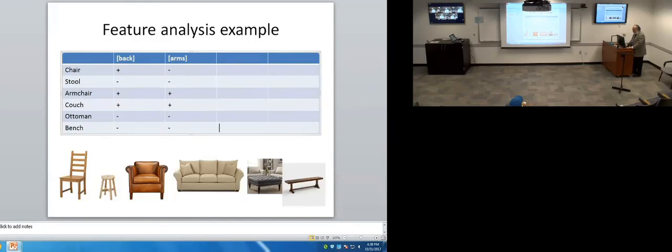All right, very good. Okay, so now we need to distinguish between the armchair and the couch, right? Because they're obviously plus, plus, plus, plus, right? So they're not distinguished by our analysis. One place. Like size? Yeah, okay, so seats 1, okay.